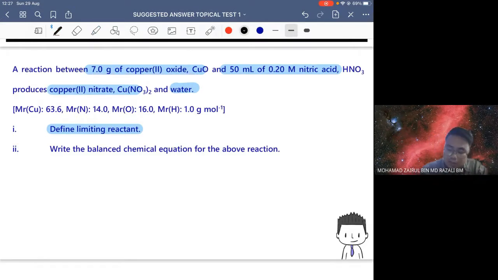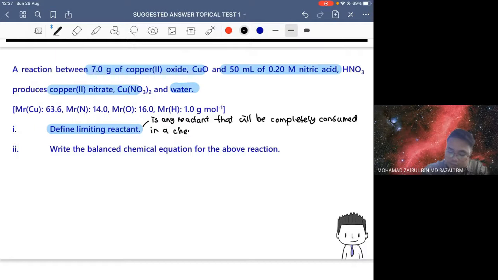So limiting reactant is any reactant that will be completely consumed in a chemical reaction and limit the amount of product form.